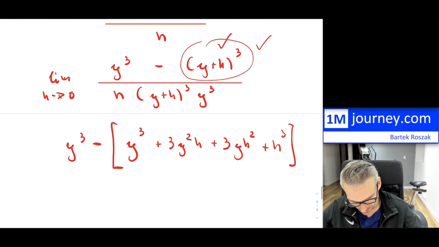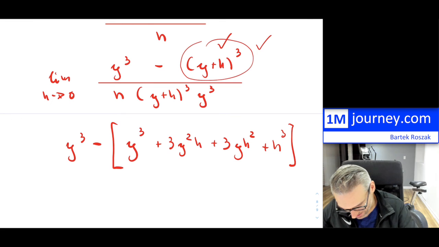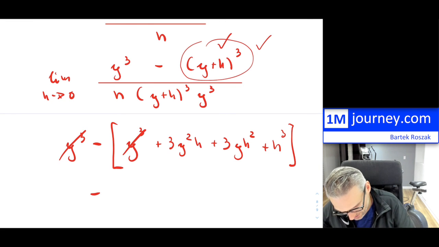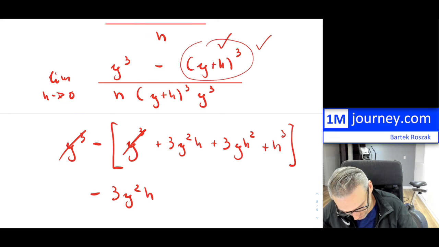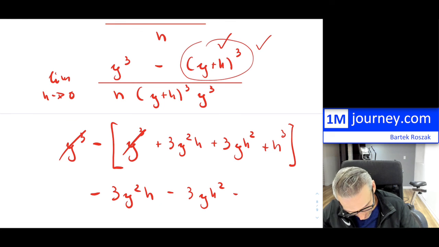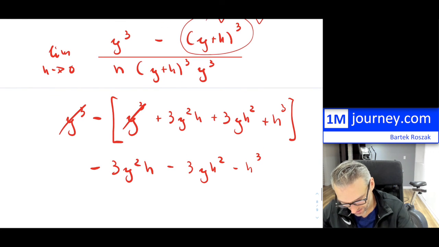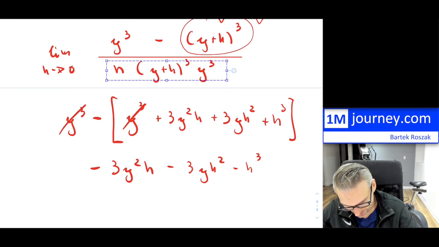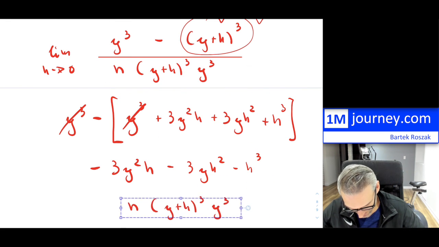So I'm just using the binomial expansion here. You can expand it out as you like. Now the denominator, I'm not going to worry about it for the time being, but I'll notice that this will cancel this off. So all I'm going to have is negative 3y squared h minus 3y h squared, and then minus h cubed divided by all of this junk right here. So duplicate it.